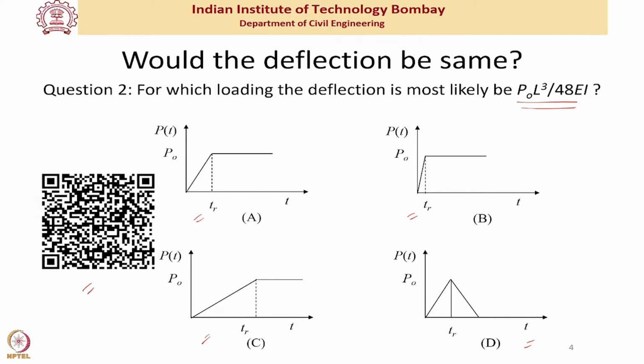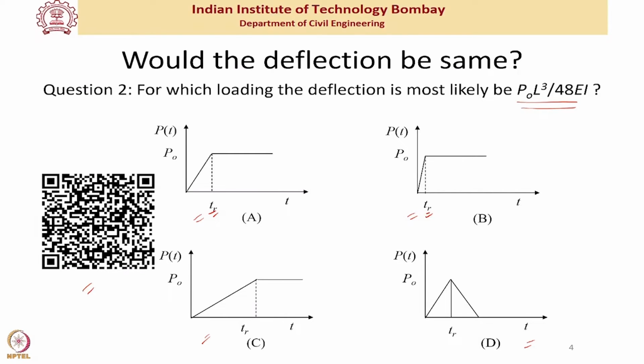Now let us discuss each of these options that have been provided here. So the basic difference between these three plots A, B, C, what do you find the basic difference? It is basically the rise time that you see. So you can see TR is intermediate. The first option has an intermediate rise time.